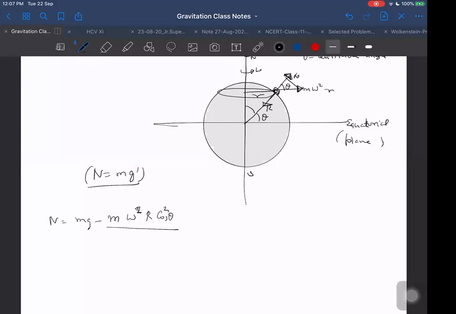If I assume our block is kept on a frictionless horizontal surface, then the normal will be equal to this. Otherwise, the m omega square r sin theta component will also be balanced by some kind of force, which may be frictional force or some other force, and that may also give us some equivalent weight.